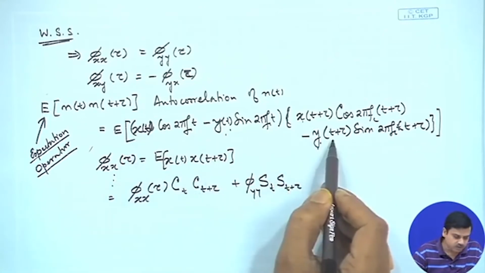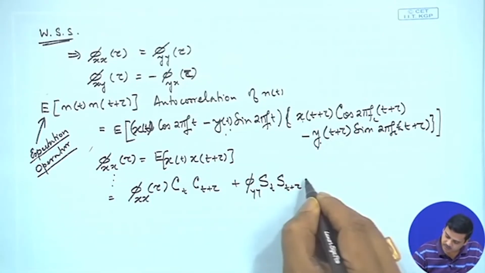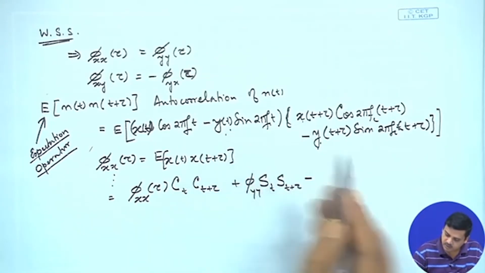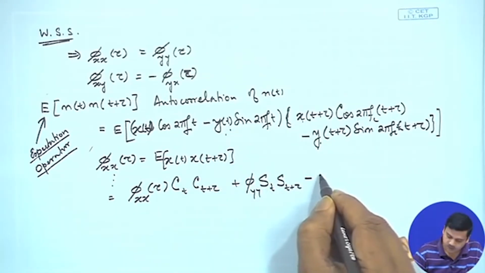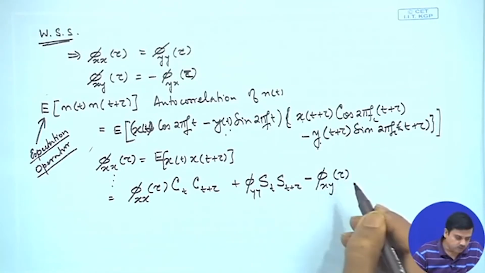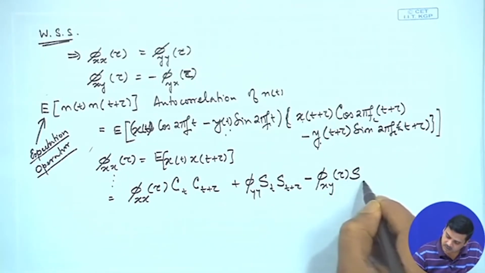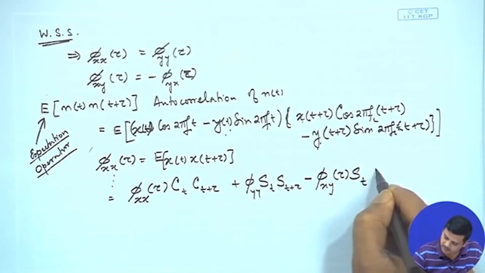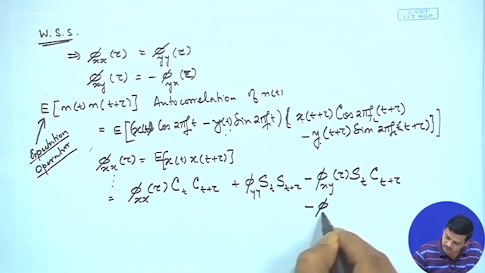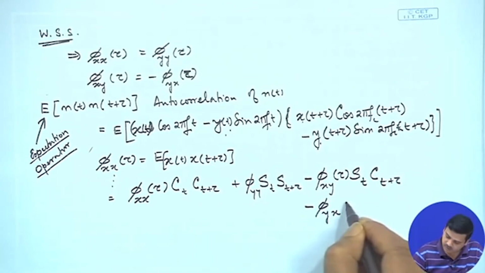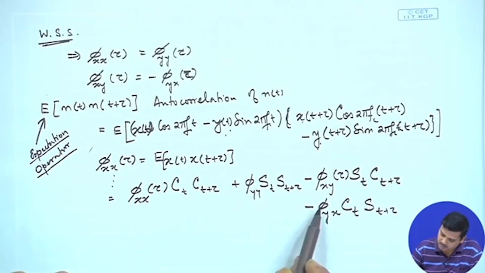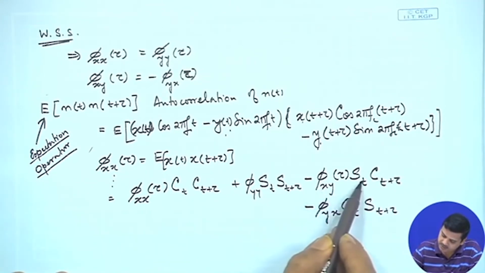You are going to get this cross term. So, when you get this cross term, you are going to get a minus, and in this case also you are going to get a minus. So, we are going to get two terms, that is phi_xy(tau) along with sine(t) and cos(t plus tau), and we are going to get another term phi_yx with cos(t) and sine(t plus tau). So, in this term x, you see there is a t.